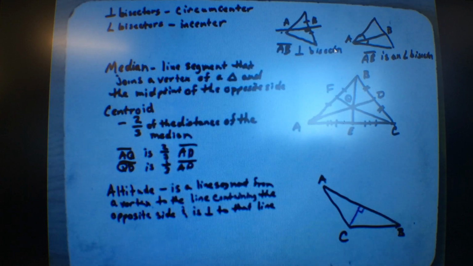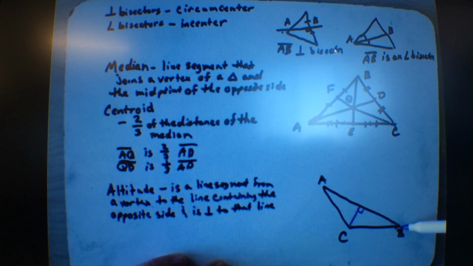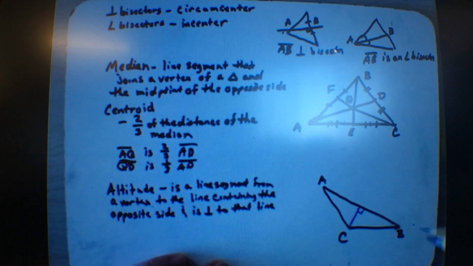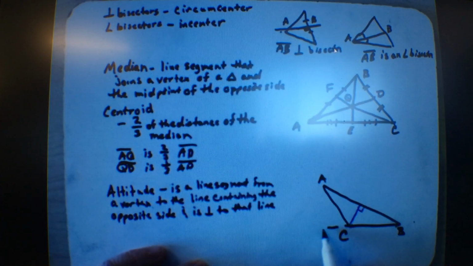Now I want to draw from A to this right here, so that it's perpendicular to that side. You can see there's no way that I could draw a segment from A that is perpendicular to CB inside the triangle, right? So what I have to do, and this is why I chose this one, is extend this side out.